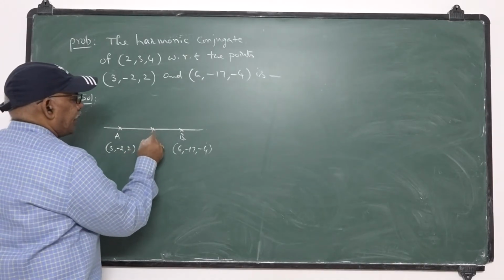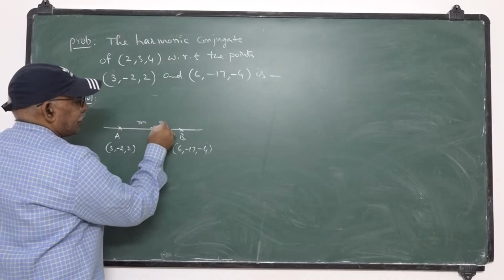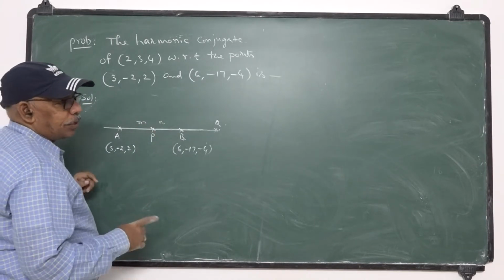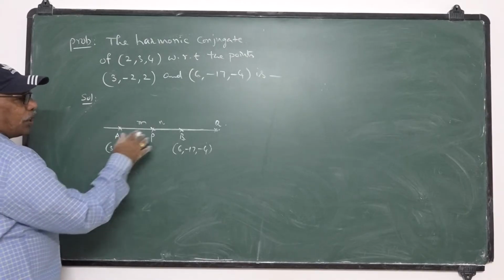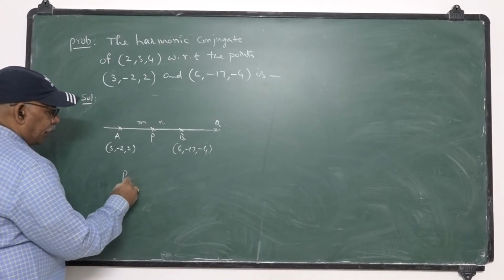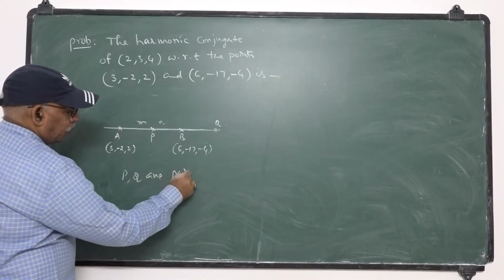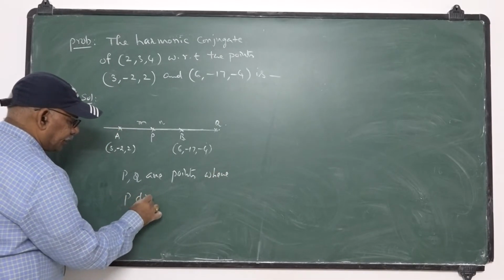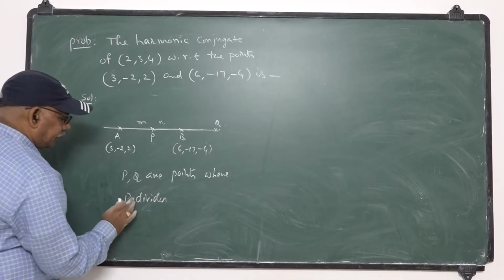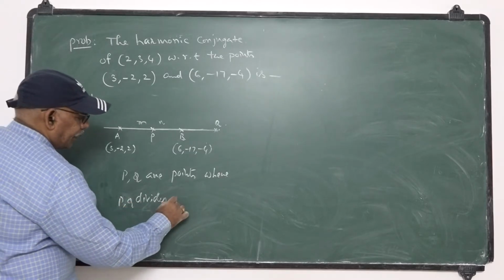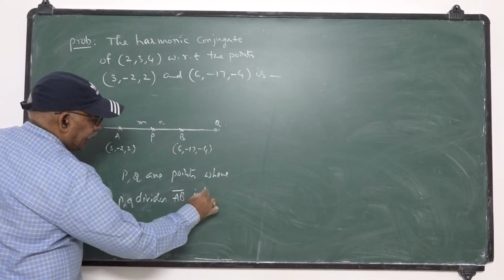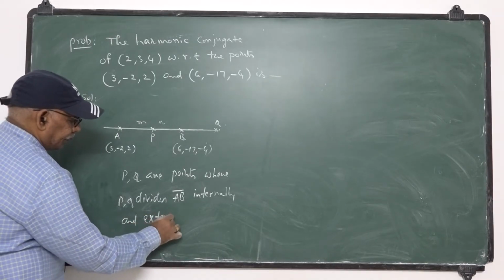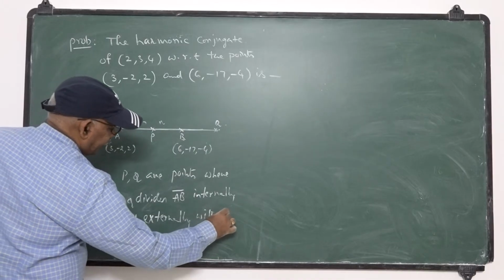That means suppose P divides AB in some ratio m is to n and Q also divides externally with the same ratio, then you can say that P and Q are harmonic conjugate with respect to the points A, B. So P, Q are points where P, Q divide the line segment AB internally and externally with the same ratio.